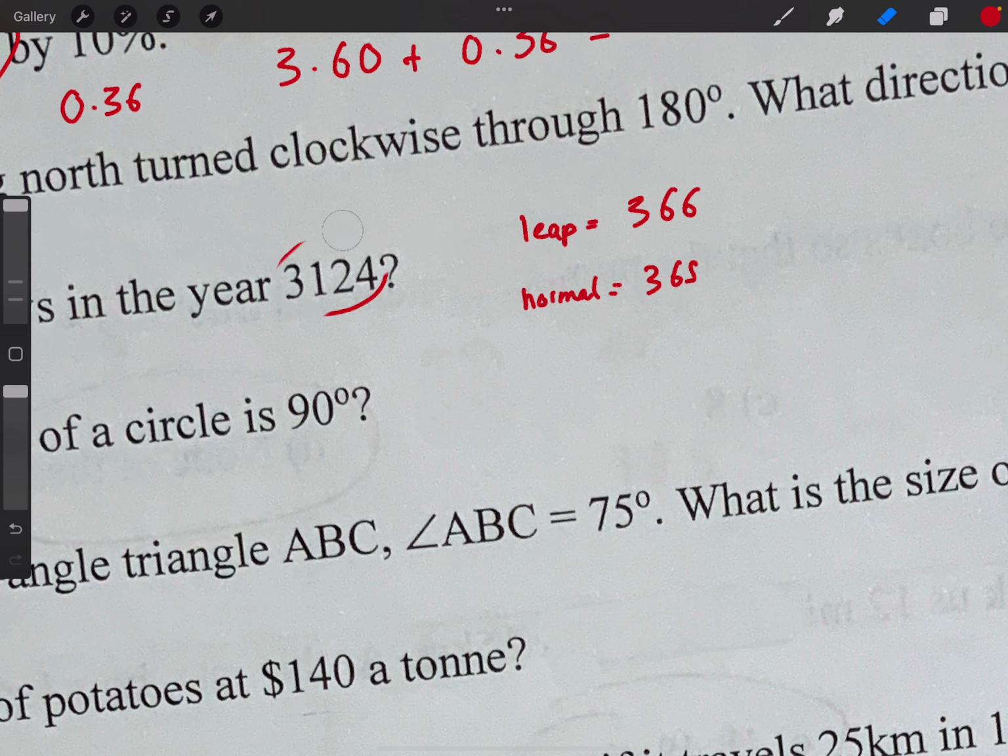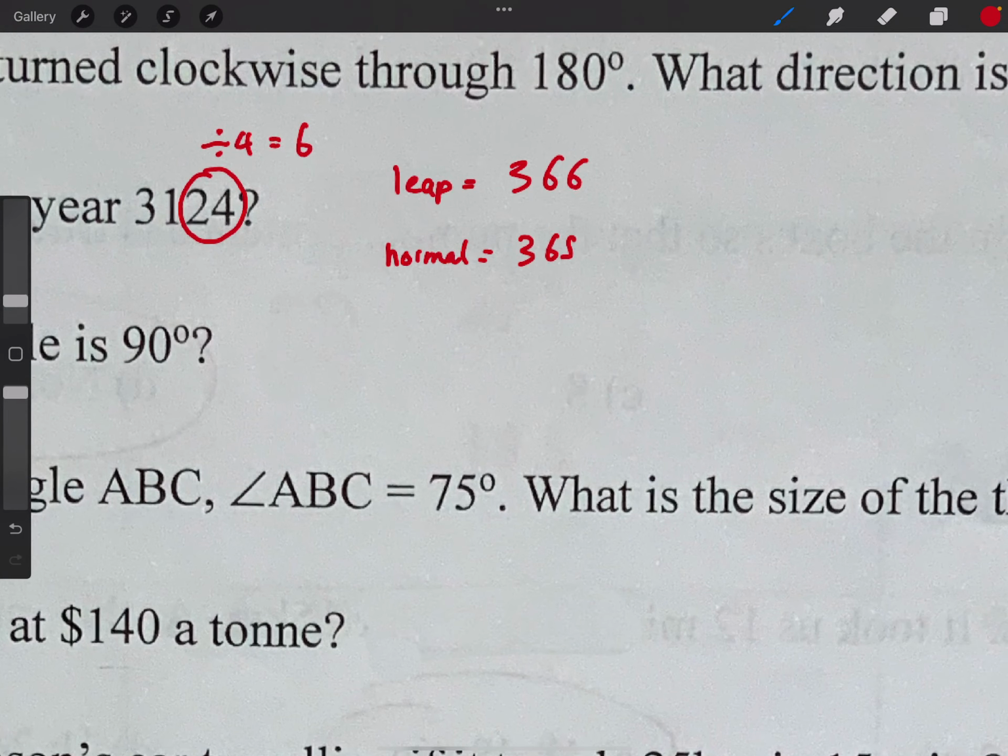To find out whether it's divisible by 4, we look at the last 2 digits. If the last 2 digits are divisible by 4, then the whole number is divisible by 4. 24 is divided by 4 with no remainders. That equals 6, with no remainders. So therefore, this whole number is divisible by 4, so it's a leap year, which means it's got 366 days.